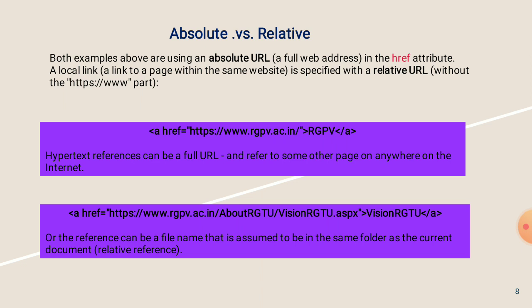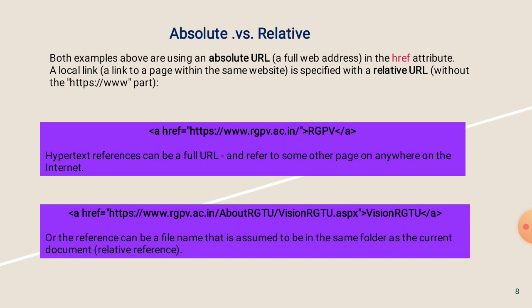Absolute versus relative. That means we use two types of link connections: within a single page and to another page. Both examples above use an absolute URL, a full web address in the href attribute. A local link is a link to a page within the same site, and it specifies a relative URL without the http.